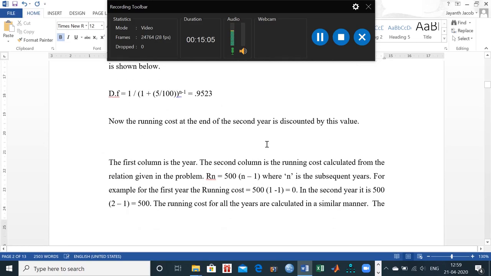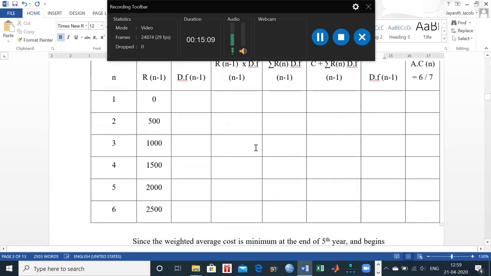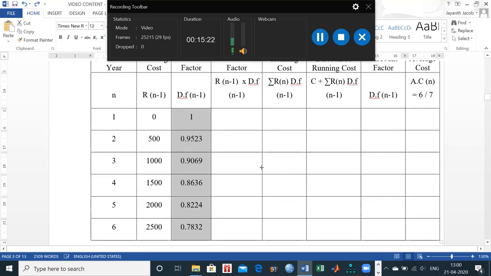Now if you keep calculating the discount factor, you should be getting this column. Okay, so here we have the discount factors calculated. The next column is a little easy. You just multiply the running cost with the discount factor.